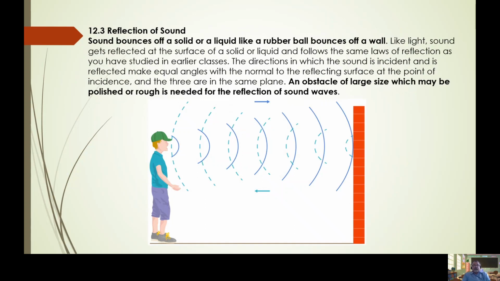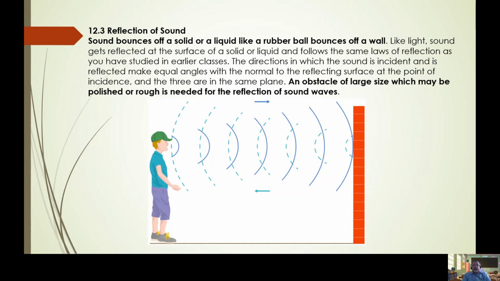Reflection of sound. Sound bounces off a solid or a liquid like a rubber ball bouncing off a wall. Like light, sound gets reflected at the surface of solids and liquids and also follows the same laws of reflection as you have studied in earlier classes.